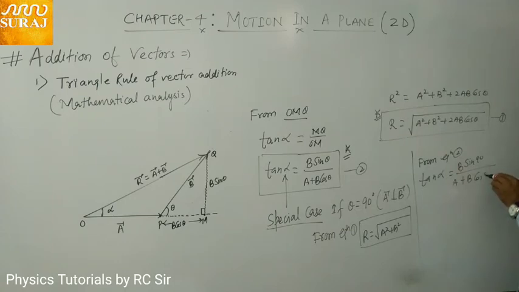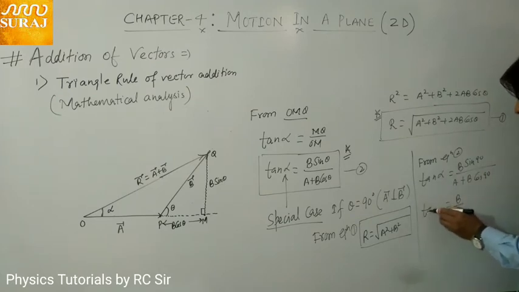And what is cos 90? Cos 90 is 0, so it becomes B upon A. So this is the value of tan alpha.